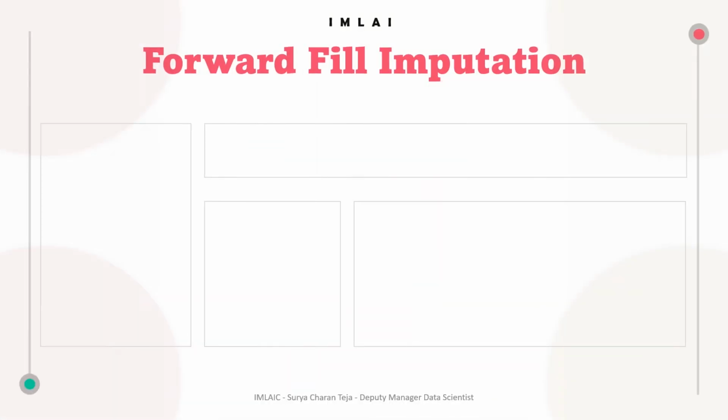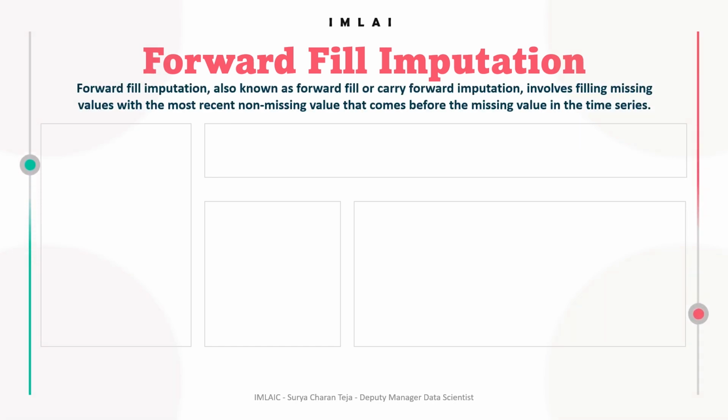So now let's begin with the forward fill imputation first. What is forward fill imputation? Forward fill imputation, also known as carry forward imputation, involves filling missing values with the most recent non-missing value that comes before the missing value in the time series. In very simple words, missing values are replaced with the value from the immediately preceding time point.